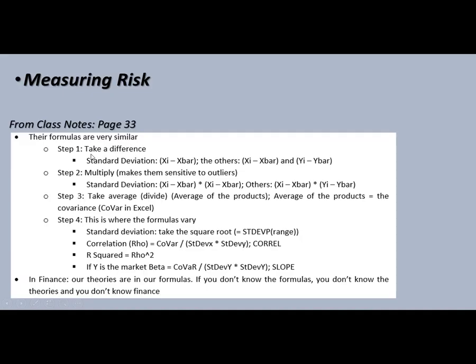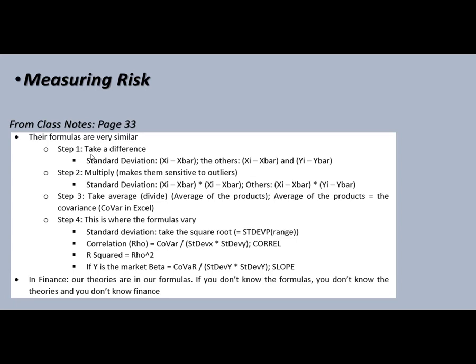So these formulas are very, very similar. The first thing you do is you take a difference. So for all of them you take a difference. So for standard deviation you take the difference between each month minus the average for all of the months. For the other three, beta, correlation, R-squared, you have to have two data sets.